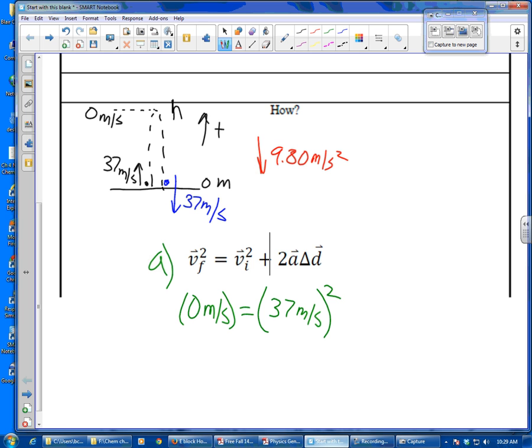Now the final's where you end up. And I'm interested in how far it had to travel to go from the bottom to the top in this situation. Because at its highest point, it's going to stop. It's not going to go up anymore.